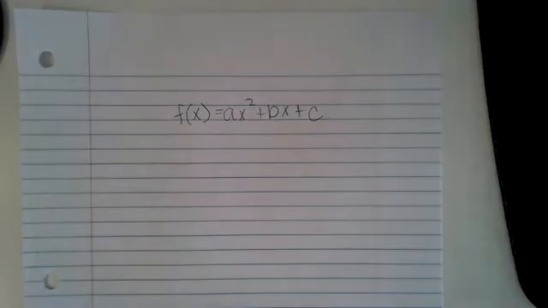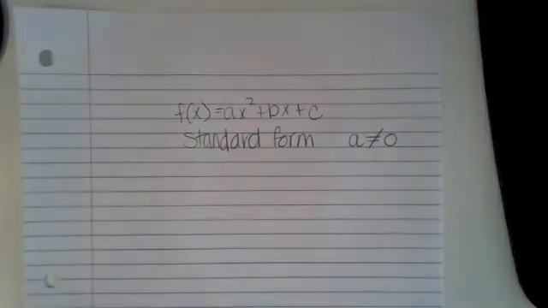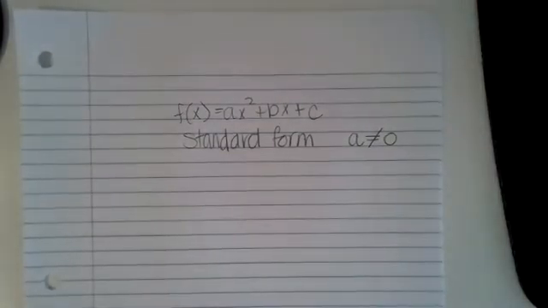But the reality is that in standard form, the real rule here is that a doesn't equal 0. Unless I'm doing factoring of things, I really can go ahead and leave it with a negative coefficient out there to start.